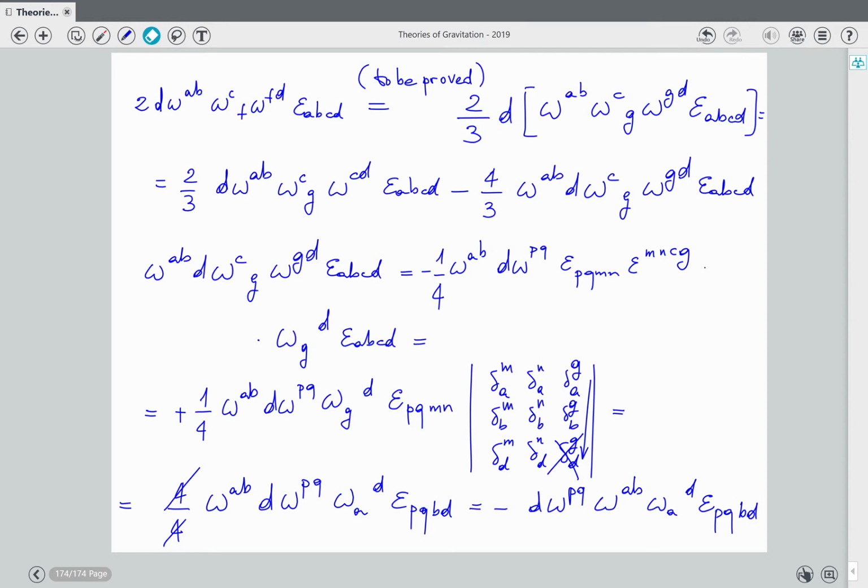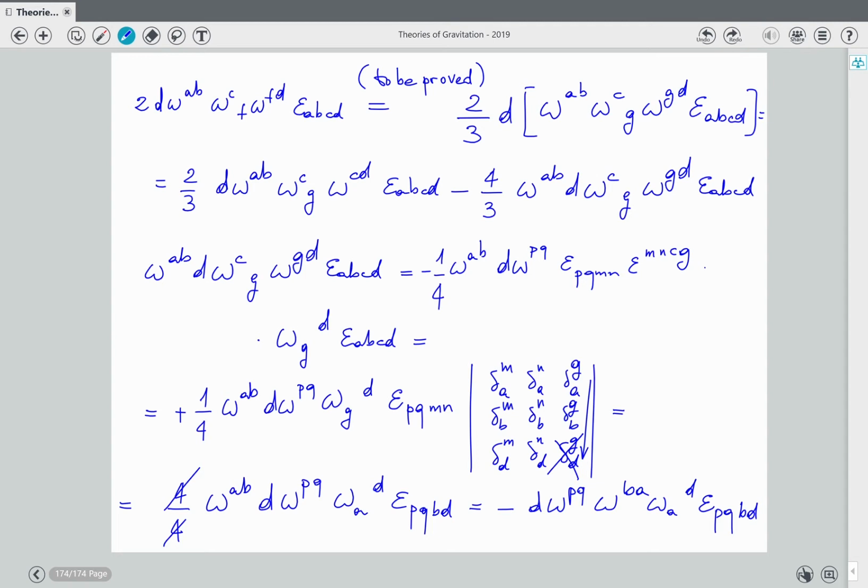There is no, it's the third line. So, and therefore, here we have a minus. Yes. Omega AB, once we switch those two, we have a minus. And then we have exactly that form. Yes. So this is the proof.